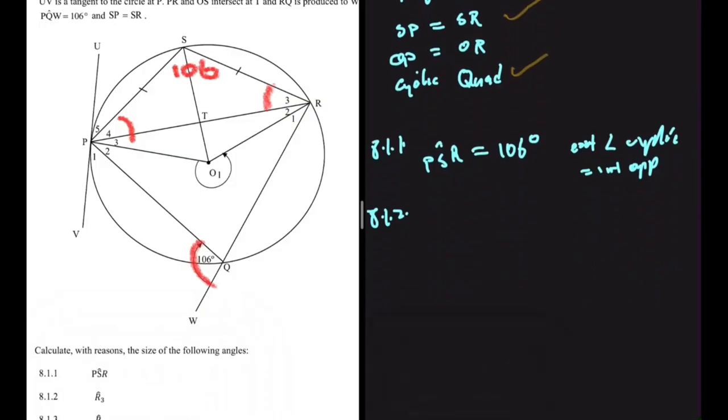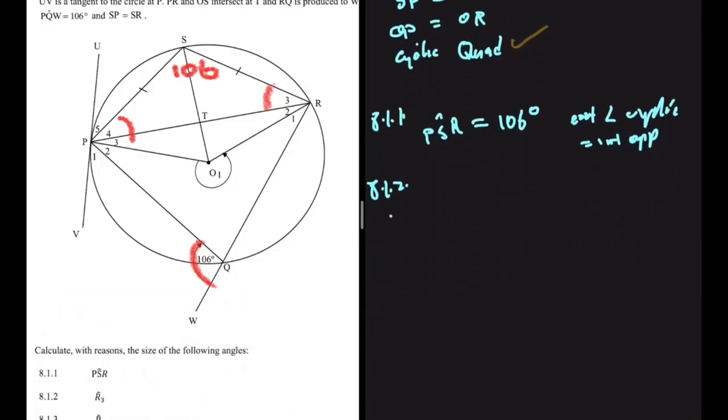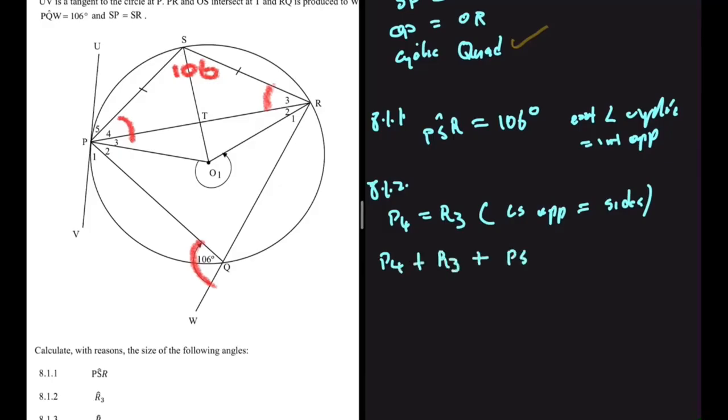So what does that mean? It means that P4 is equal to R3. Let's start here first, and then we can see that angles opposite equal size, they should be equal to each other. So now we can say that P4 plus R3 plus PSR is equal to 180 degrees, the sum of angles in a triangle.